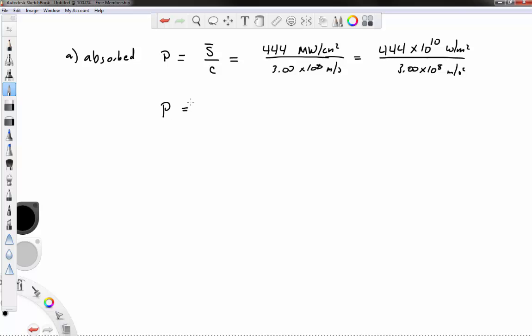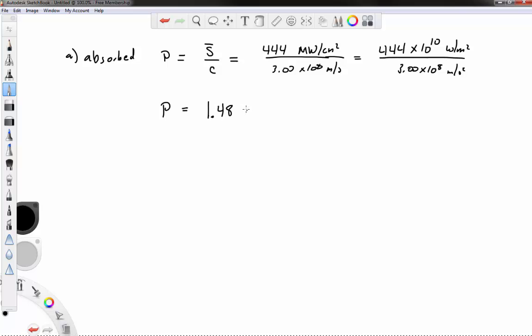Okay, so in this case, you have a pressure of 444 divided by 3, which is 148. So 148 times 10 squared watts per meter squared over meters per second gives you newtons per meter squared.